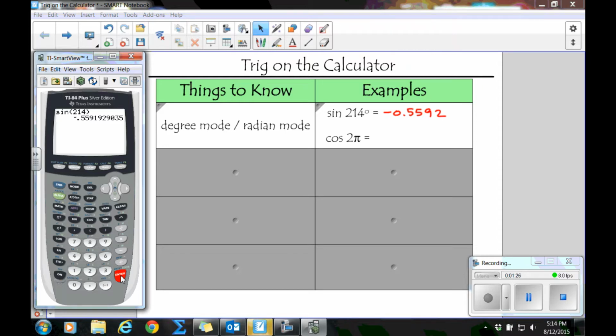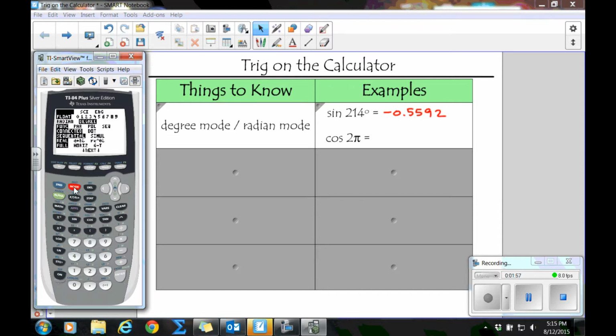The next example is in radian mode. So I have to remember, look, if I forget to change it, cosine of 2 pi, whoops, typed something wrong. Cosine of 2 pi, that's not the correct answer because the calculator thought it was 2 pi degrees, which is weird.